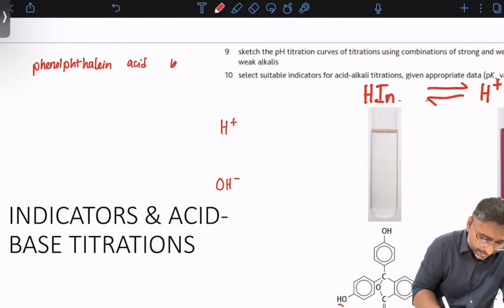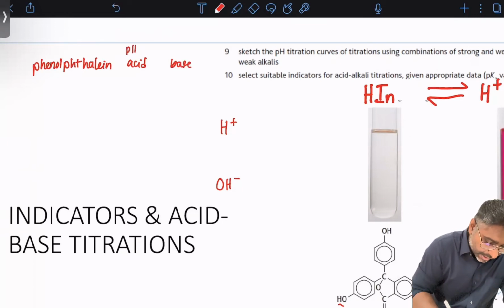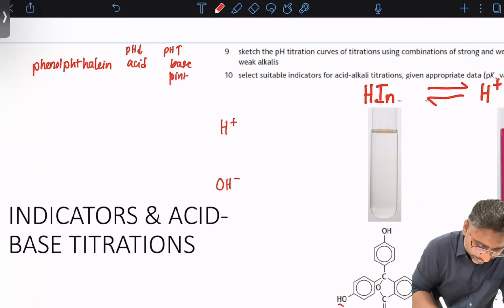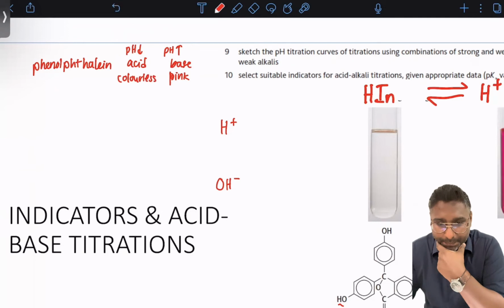When it is base, higher pH, or lower pH... If it's base, it's pink. Good, right on track. If the pH is low, it's colorless.